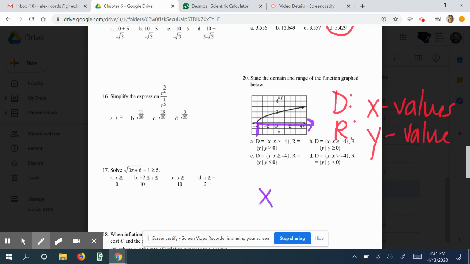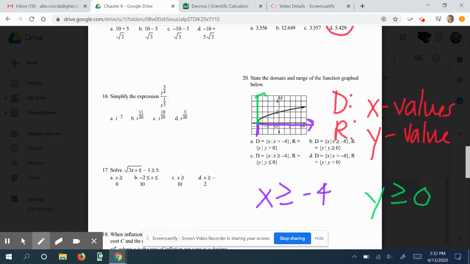So I would say that X has to be greater than or equal to -4. Okay. My Y values, Y starts at 0 and pretty much goes up forever. Now, it looks like it kind of stops, but it does not. So it's greater than or equal to 0, right?